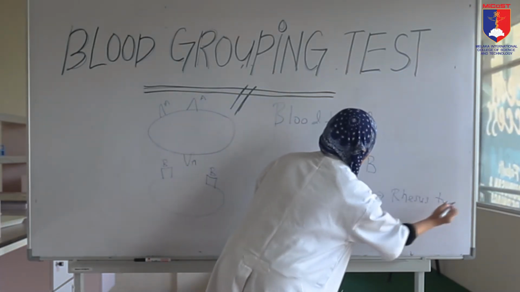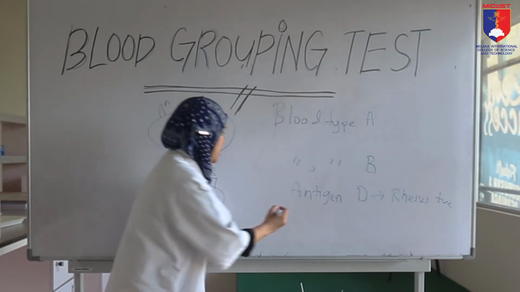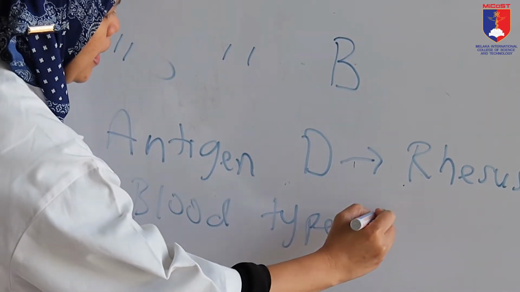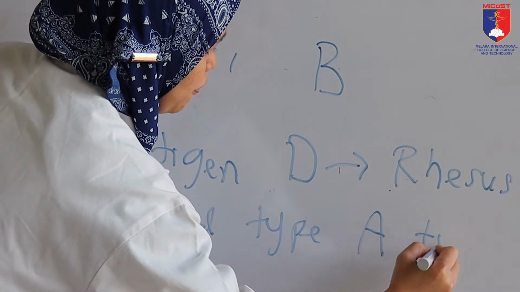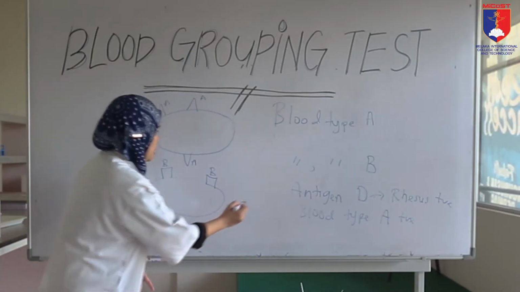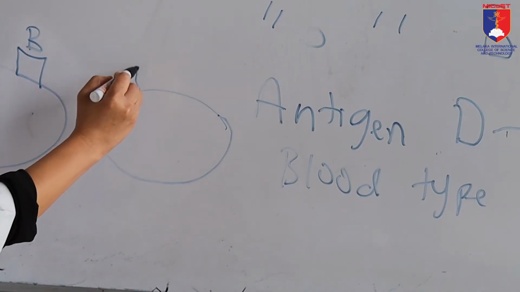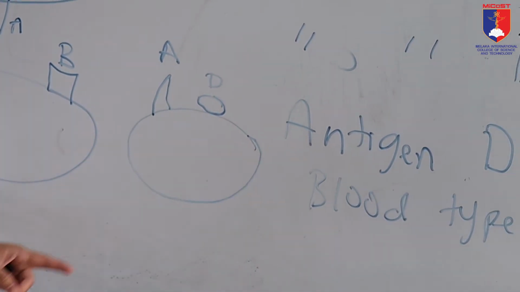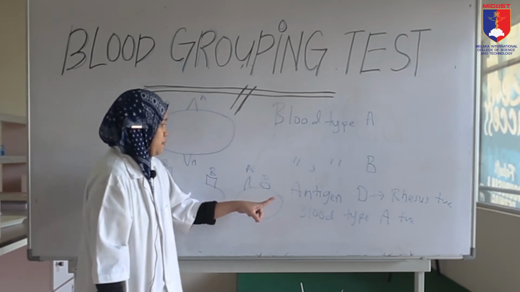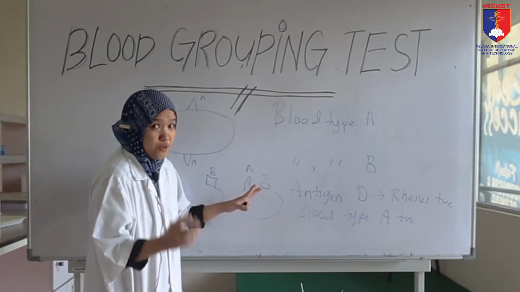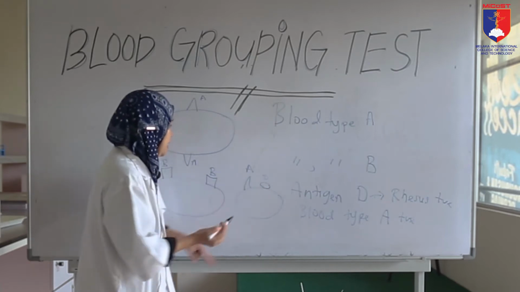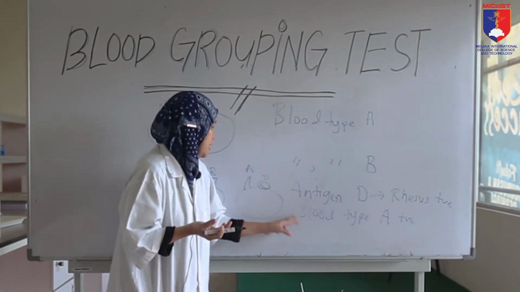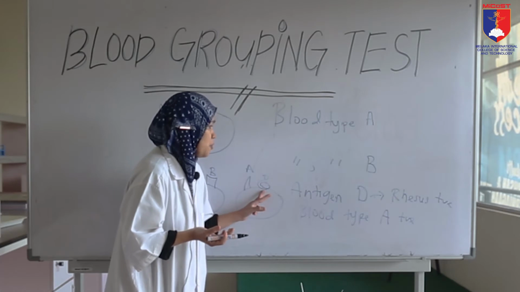So for example, if I am blood type A rhesus positive, it means that on our RBC surface we have antigen A and antigen D. This means that our blood type is A rhesus positive.